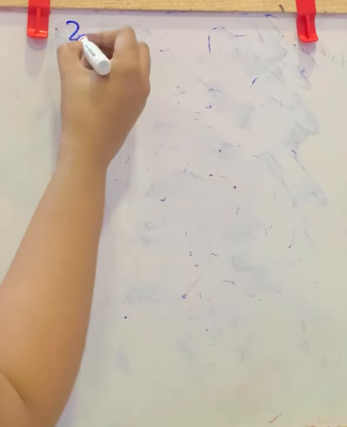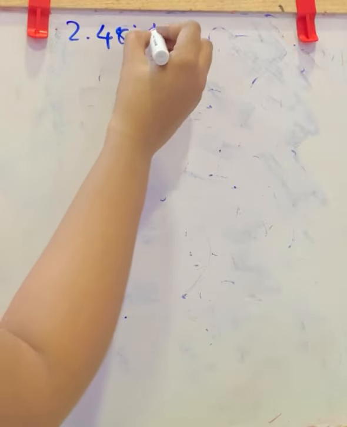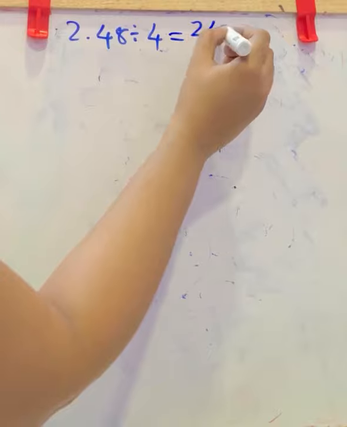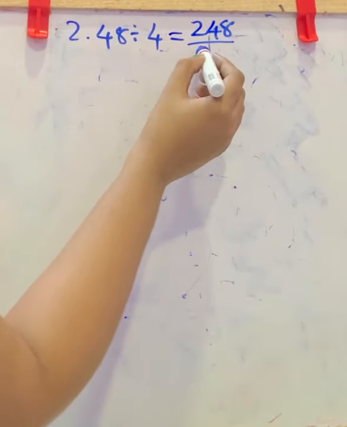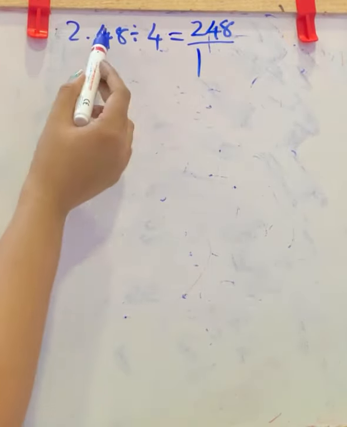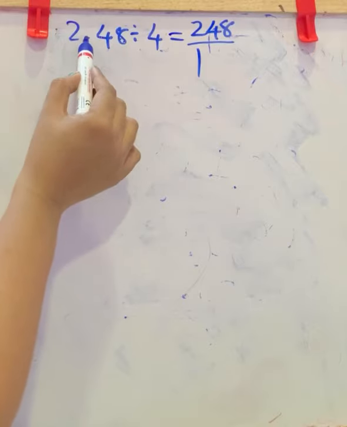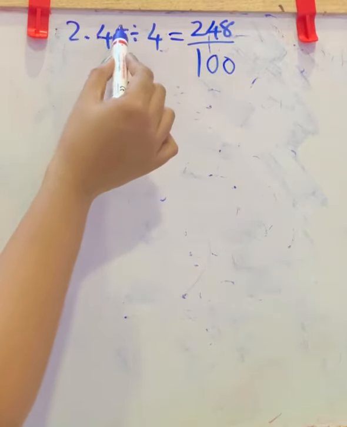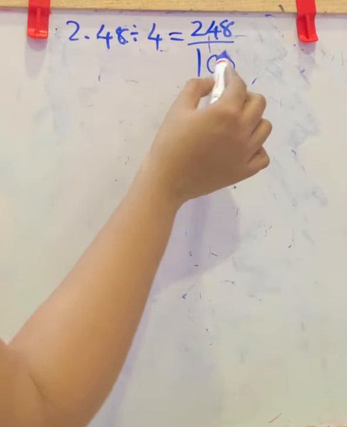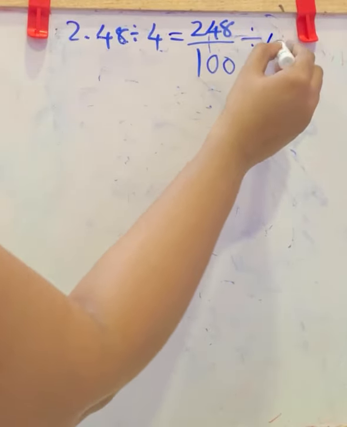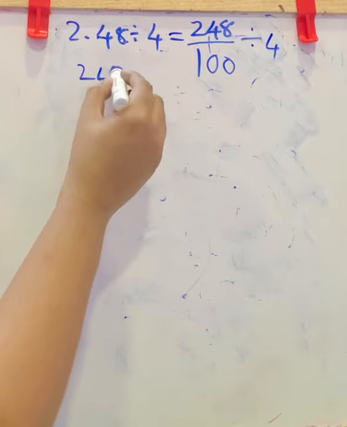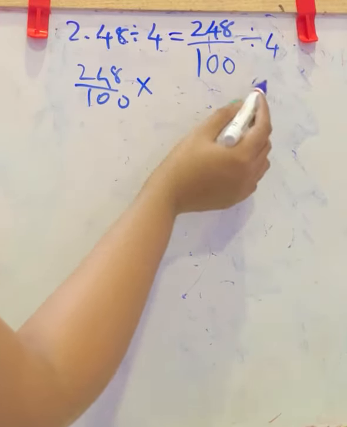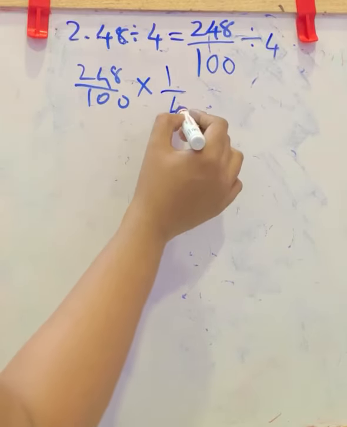Next is 2.48 division 4. Here 2.48 we can write as 248 by 1 and zeros. Count how many numbers after the decimal: 2 numbers, so put 2 zeros. 2.48 can be written as 248 by 100, division 4. Division changes to multiplication, and 4 by 1 changes to its reciprocal 1 by 4.